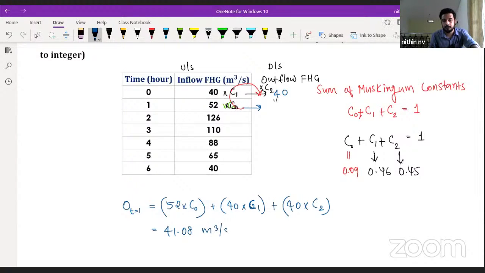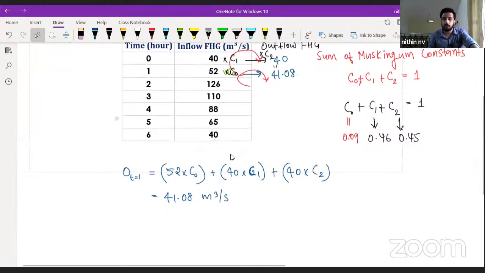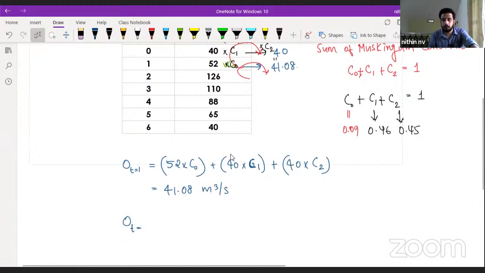41.08 meter cube per second. Are you getting at time equal to 1? Okay, all are getting same? Yes. Now we got one more element here. What is that? 41.08. Now what we can do? The same procedure will repeat. Now how can we calculate the outflow value at t equal to 2 then? Same procedure, correspondingly it is 126 there.